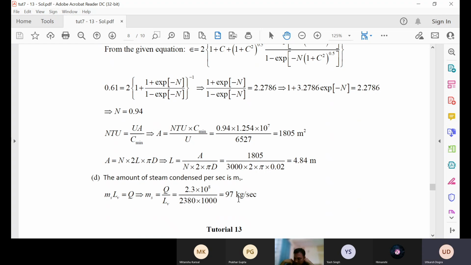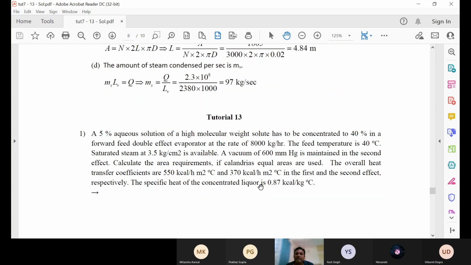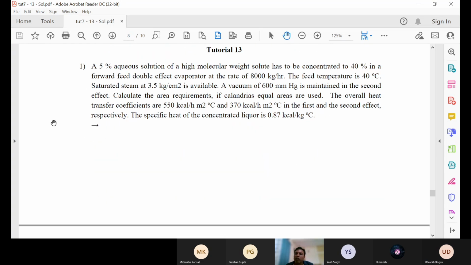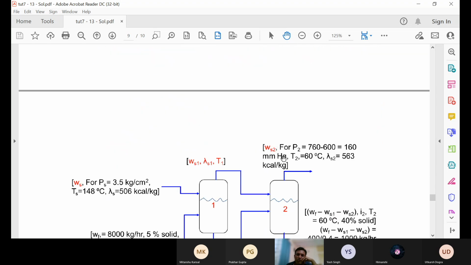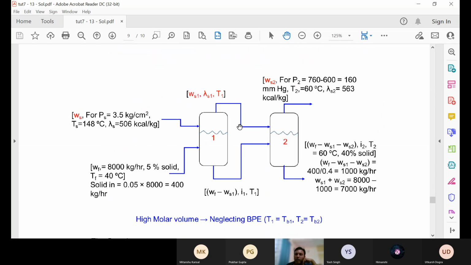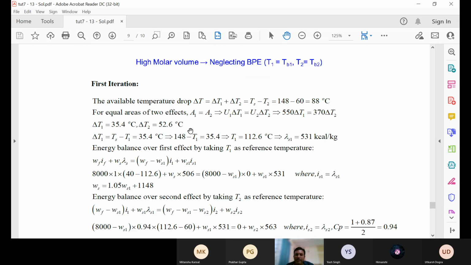Hello? Yes, sir. Clear. Okay, so I am not going to do the last tutorial. Tutorial number 13 is also similar to the problem which we have solved in the class today. The only difference here is you have to follow the same procedure. You have to note everything here in this figure first, and then you have to calculate the delta T1 and delta T2 assuming the same rate of heat transfer, isn't it?